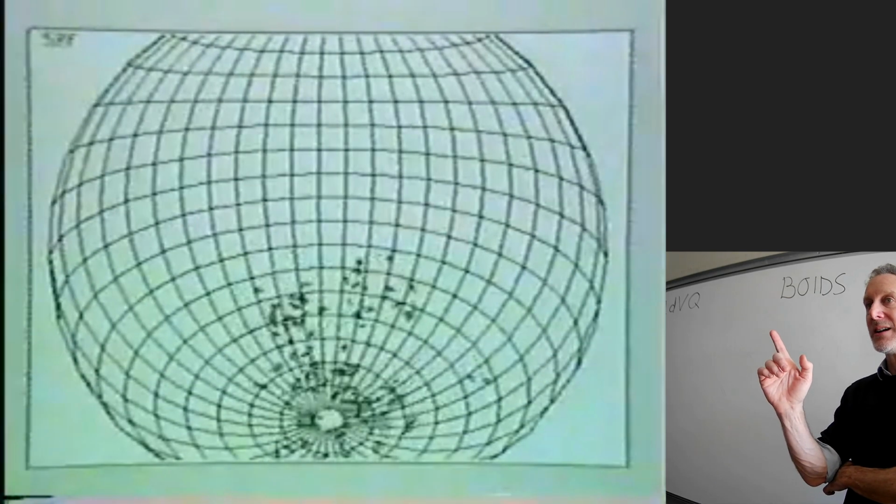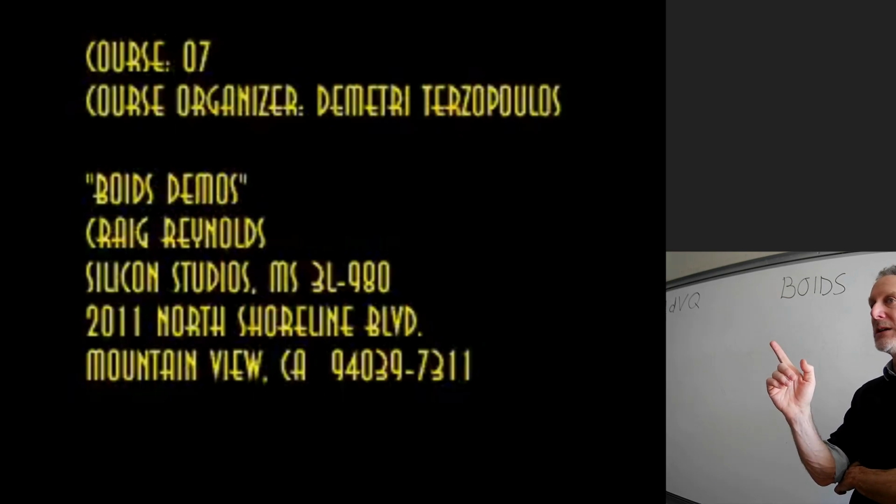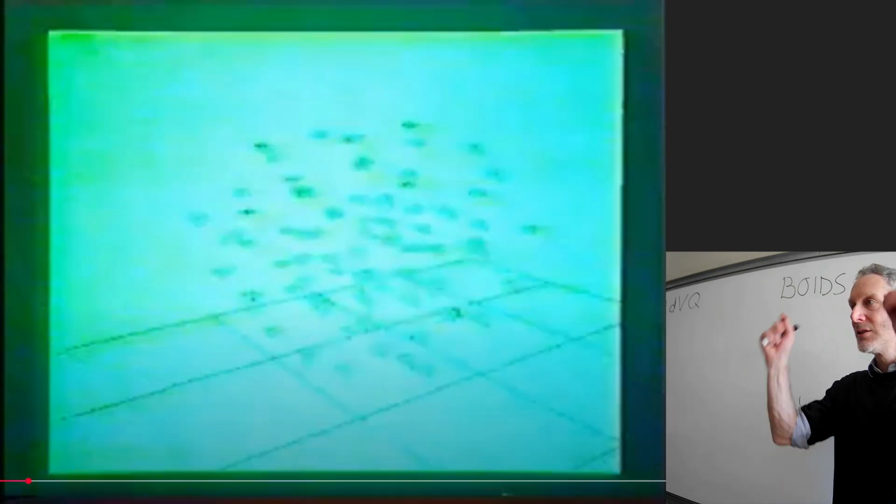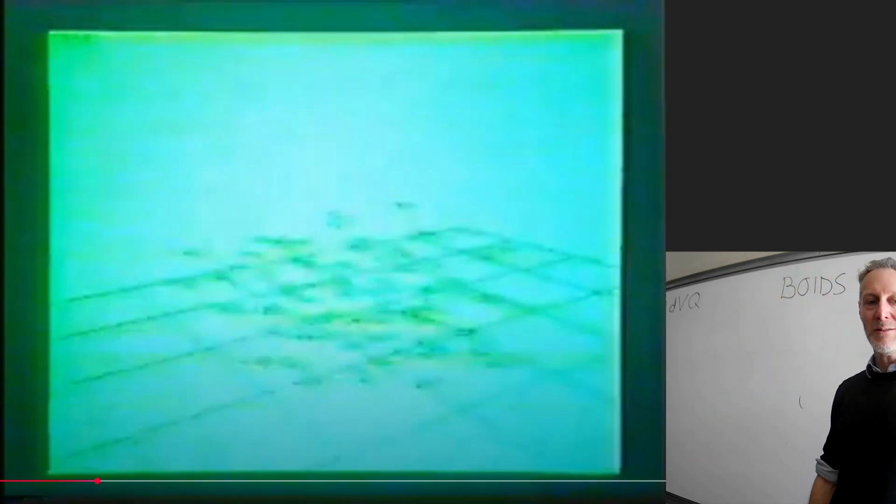And it's automatic. This was what really blew people's minds, is that Craig Reynolds, the author, did not manually move all of the boids. This is not stop motion animation. He was trying to convince the world that it's the boids deciding how to move. Way ahead of its time.